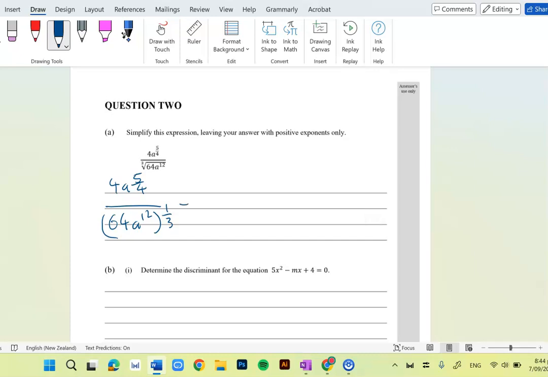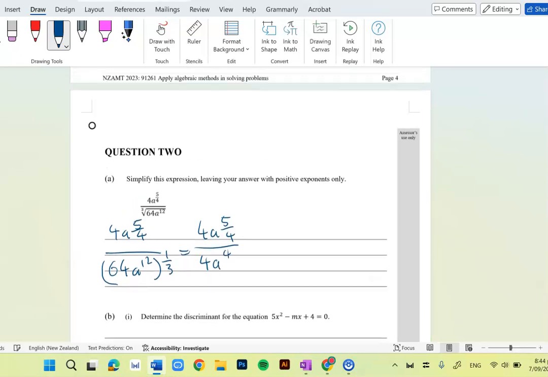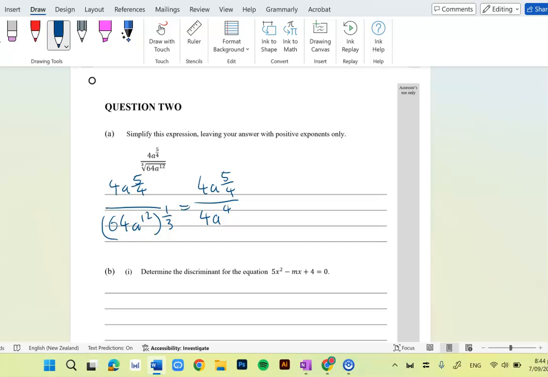So that will just equal... Now, if you put into your calculator 64 to the power of a third, it's just 4. And a to the power of 12 to a third, it's just a to the power of 4. Now, we can cancel out the 4s, so they'll become a^(5/4) over a^4.